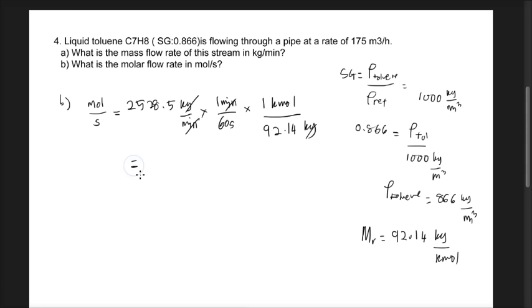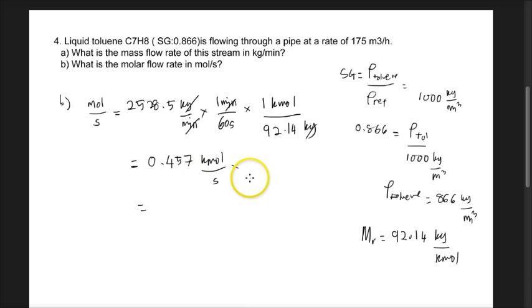The value with calculation is about 0.457 kilomole per second. But since the question wants it in mole, we can convert kilomole: 1 kilomole is equal to 1000 mole.